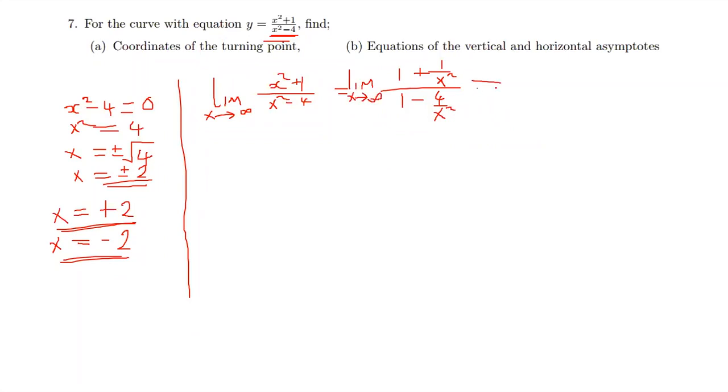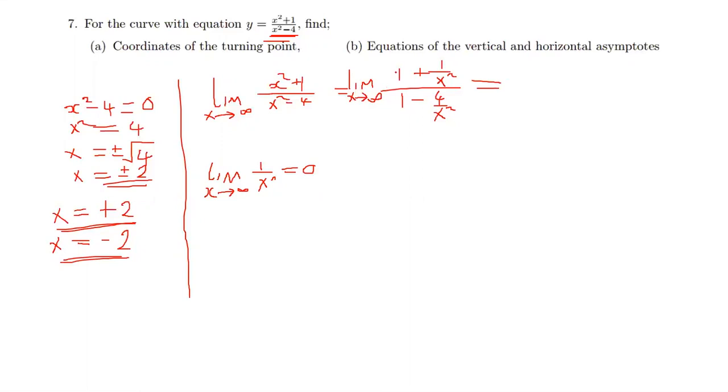We know that the limit of 1 over x to the power n, when x approaches either positive or negative infinity, is 0. That's the way it is.